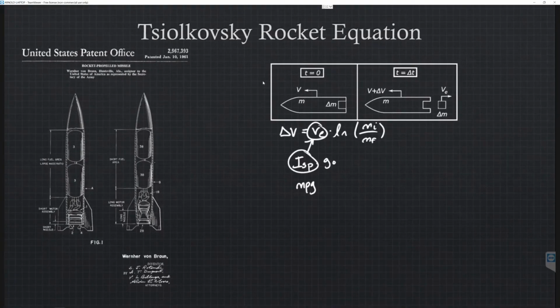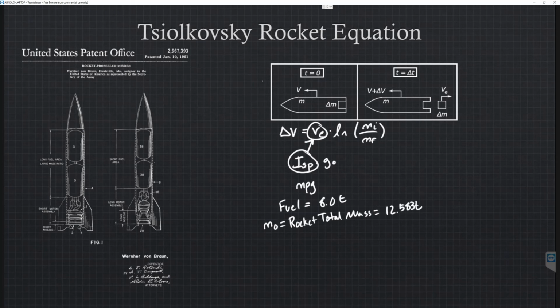All right, so we have our fuel, which weighs 8.0 tons. Our initial mass, or the rocket total mass, is equal to 12.583 tons.